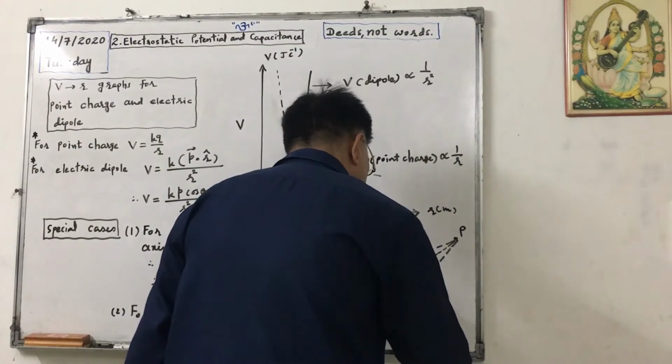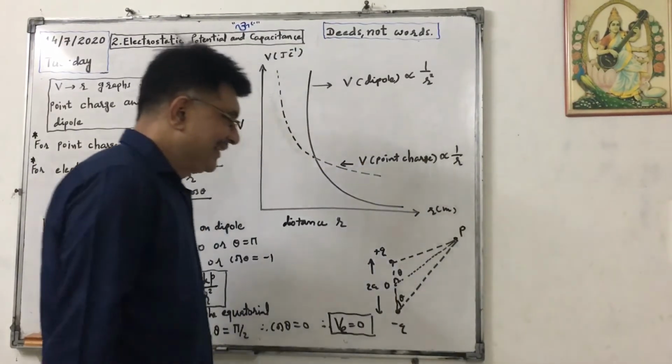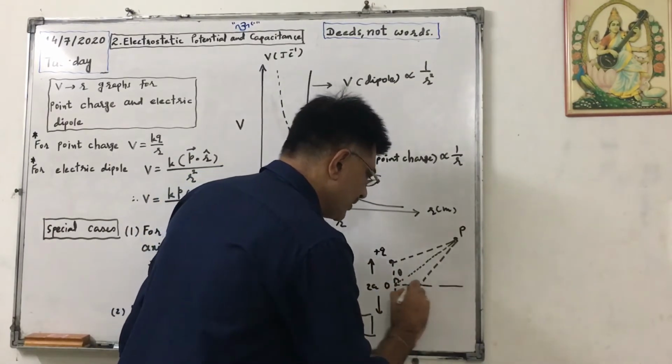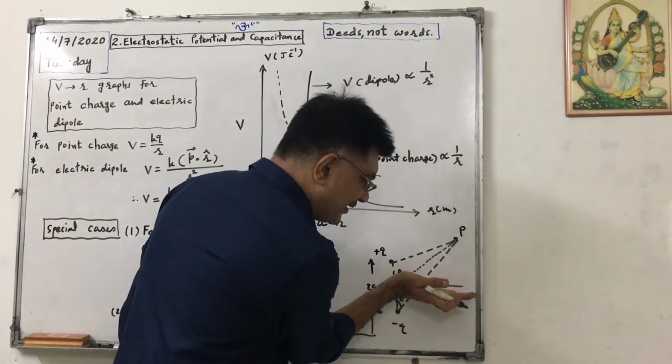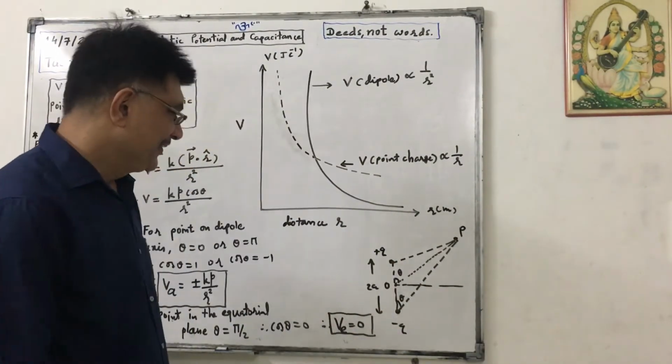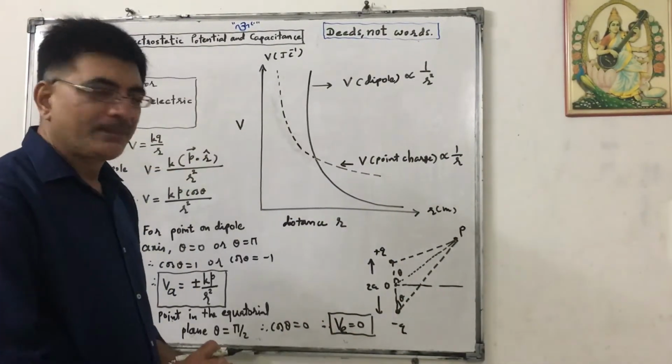This angle is called theta. This is called the axis. This is called the equatorial line, or in a plane, the equatorial plane, just for your reference.